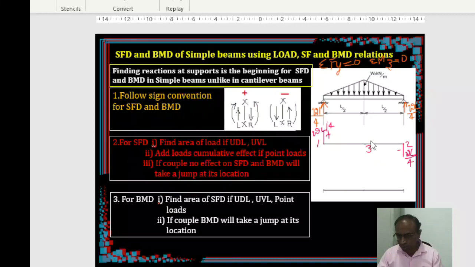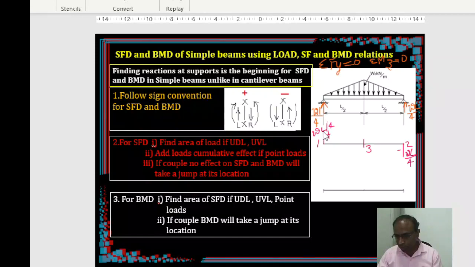Yes, it is a symmetric loading. It will be definitely at the center. If it is not symmetric, it will not happen at the center, but somewhere. In this case it is going to happen at the center because loading is symmetrical, and these ordinates you see, minus WL by 4, plus WL by 4.